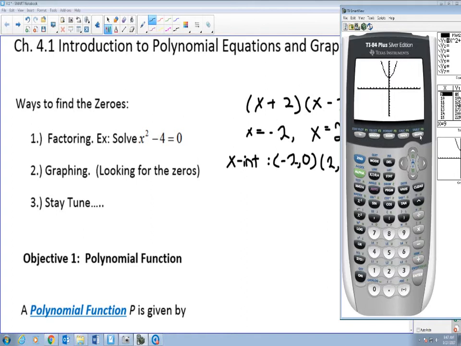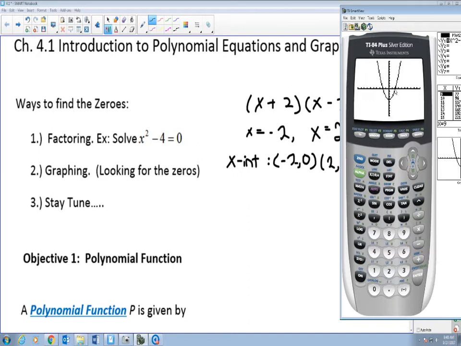Let me go back. There will be times when the function does not cross over the x-axis. When the function does not cross over the x-axis, we don't have any x-intercept, but we do have certain types of zeros.